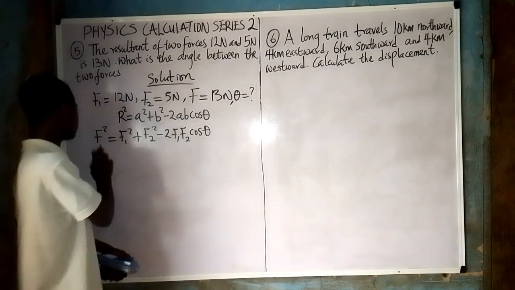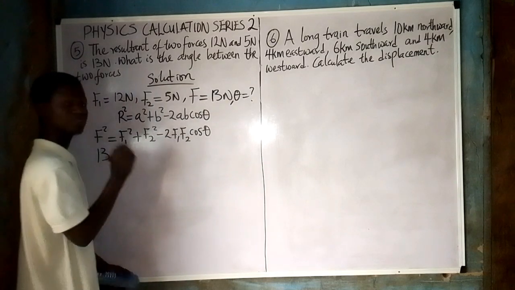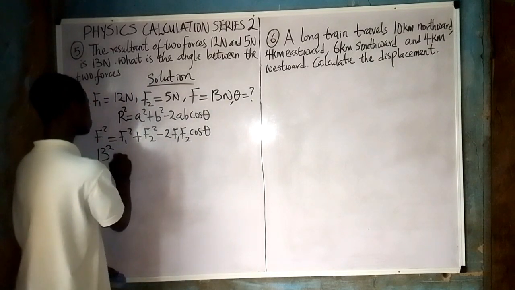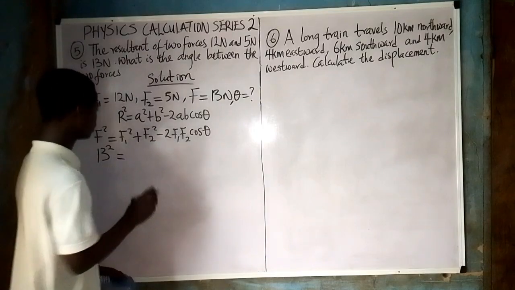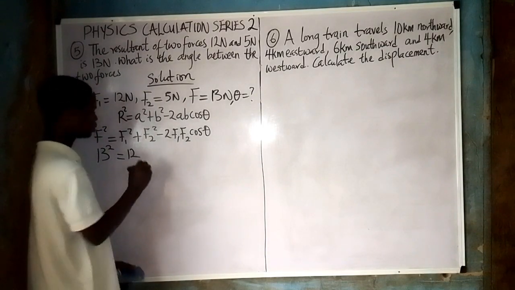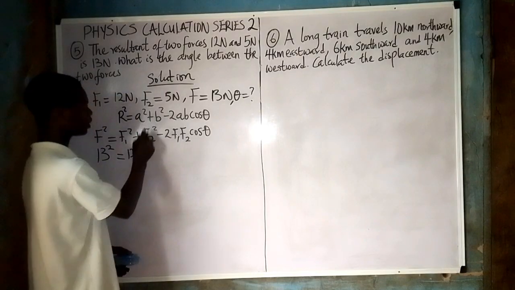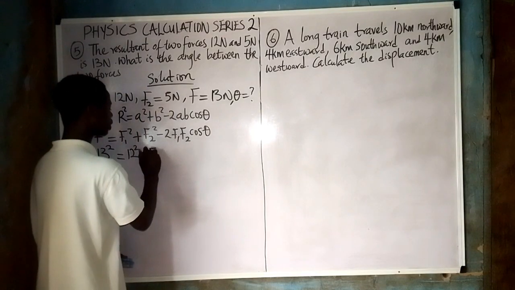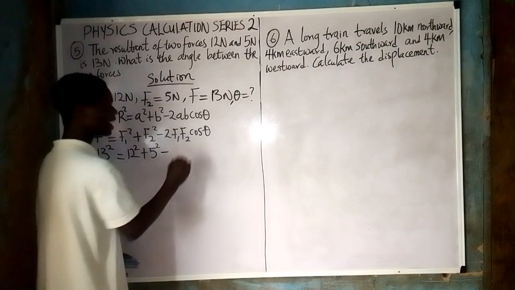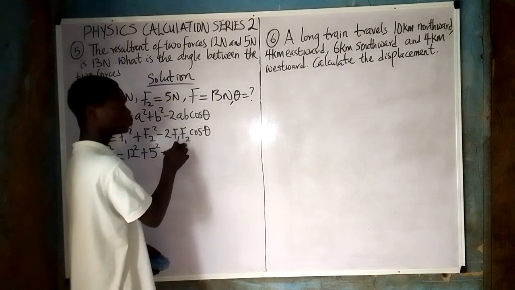In place of net force, we have 13 squared, mind you, you're going to be squaring each of them, equals F1 squared. F1 is 12, so 12 raised to power 2 plus, what is F2? F2 is 5, so raised to power 2 minus, watch out, 2 times F1 times F2 cos theta.